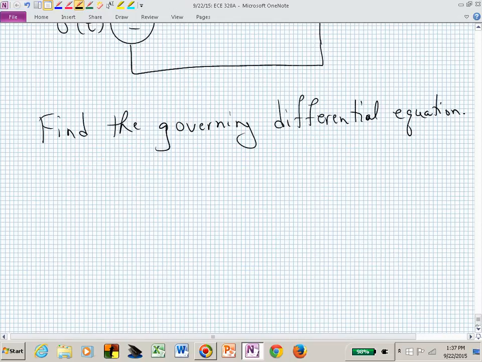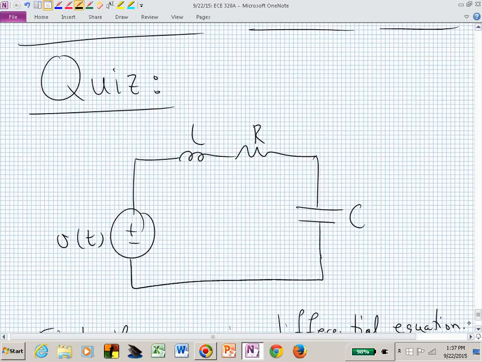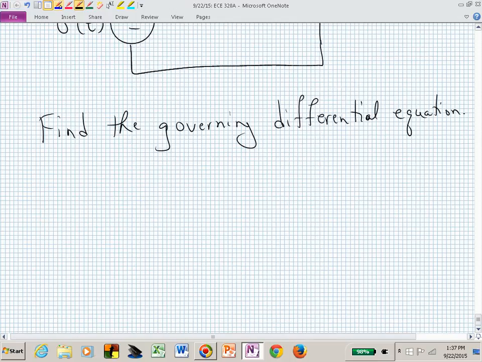If somebody asks you this in an interview, you could start going through this thought process. You're going, oh gosh, second order differential equation, he expects me to solve that? Okay, let's look at this circuit. L and C, I have two energy storage elements, or two energy storage devices.